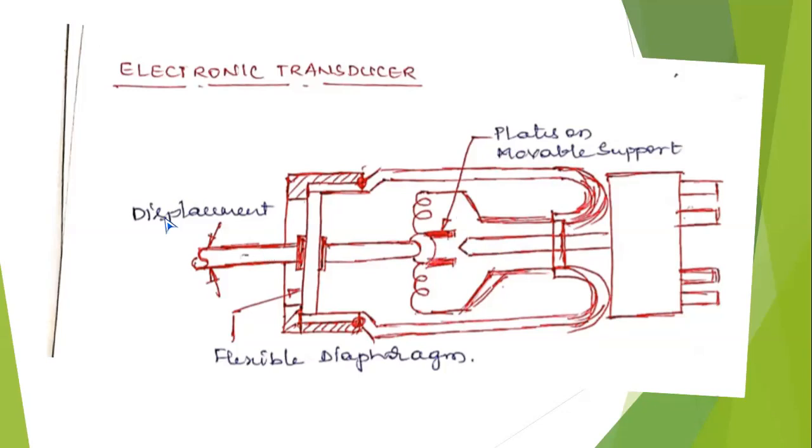If you move this plunger on the surface of the surface plate, due to the surface roughness, there will be a deflection or displacement. That displacement is amplified by the flexible diaphragm, which amplifies the deflection by a thousand times or a million times.